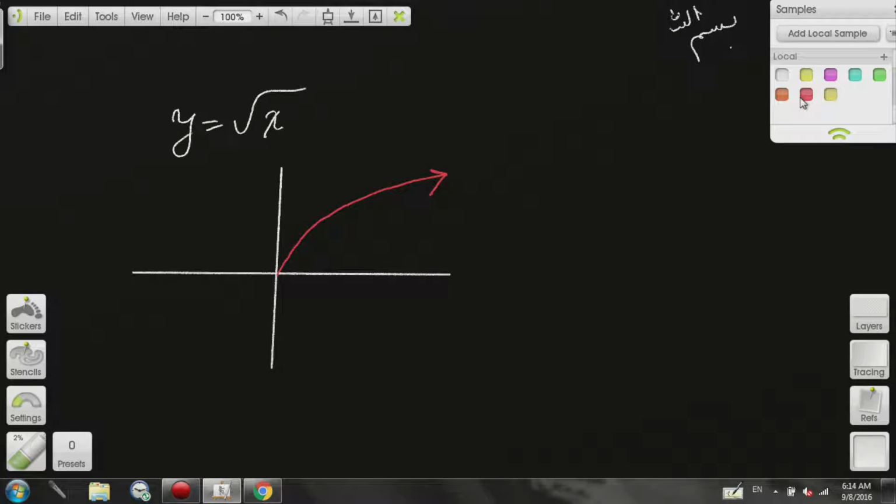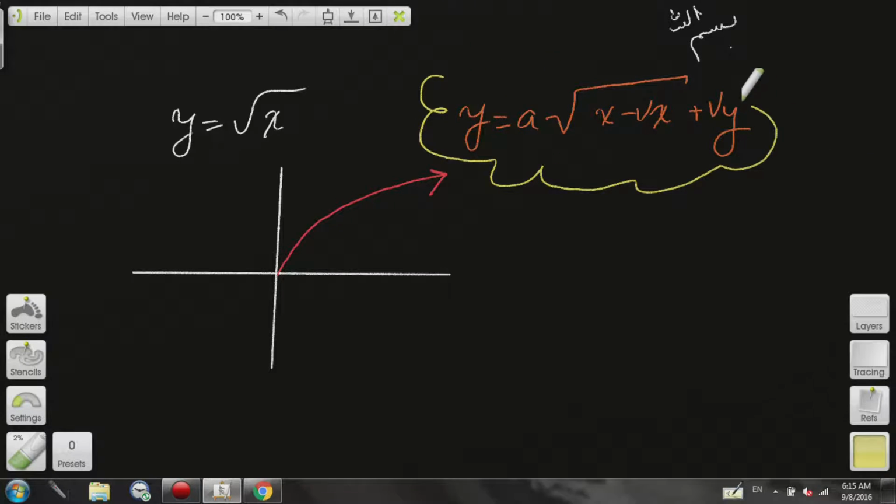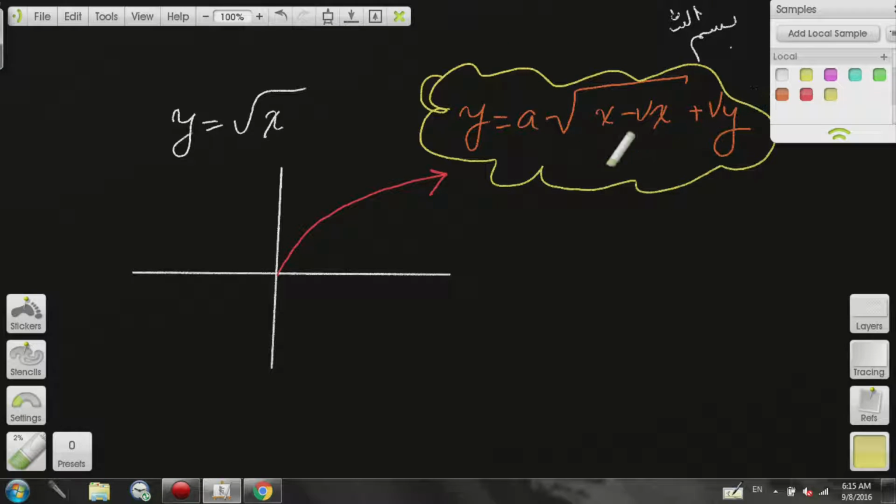And then we had also previously elaborated on this, and we suggested the general equation for all radical functions was like this. And this is very important. So that's the general equation for all radical functions.